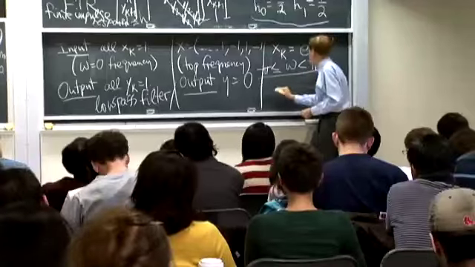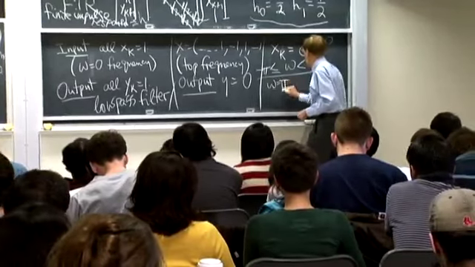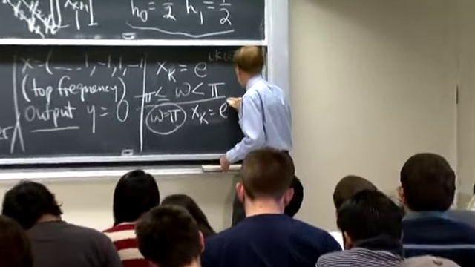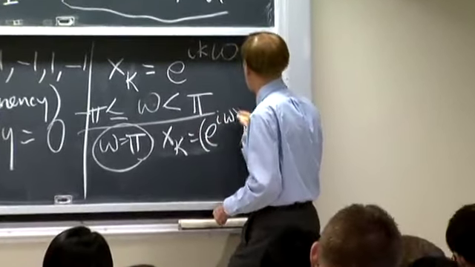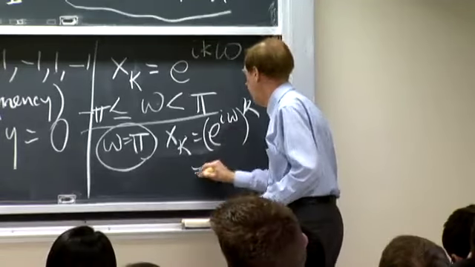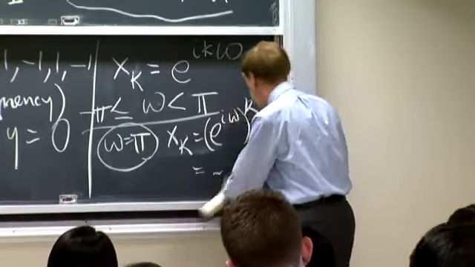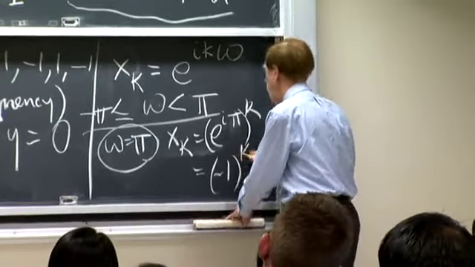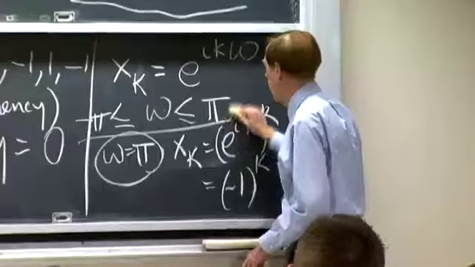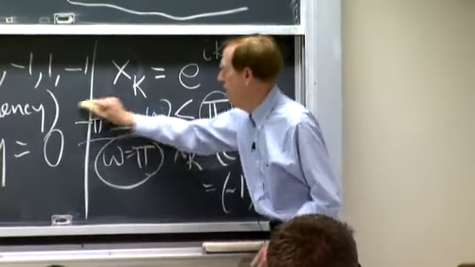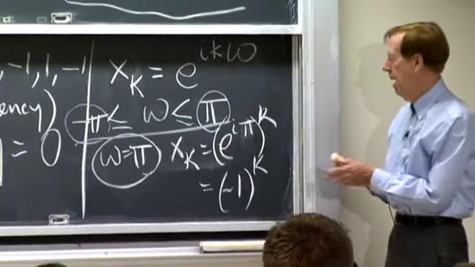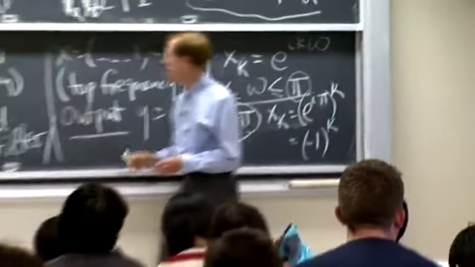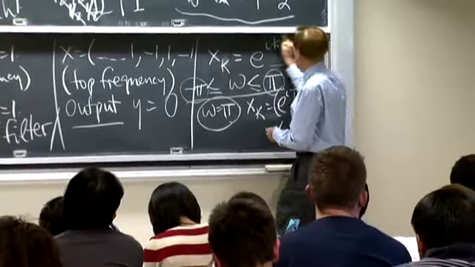So when omega equals pi, my inputs are e to the i omega to the kth power, which is e to the i pi to the kth power, and that's minus 1. So that's the top frequency, and the 0 frequency is the all ones. And this is what happens.